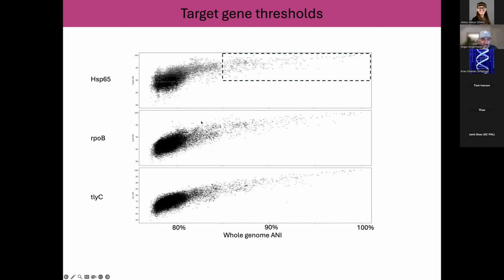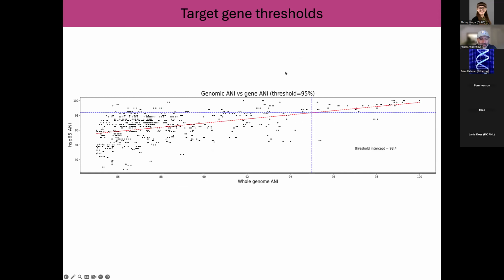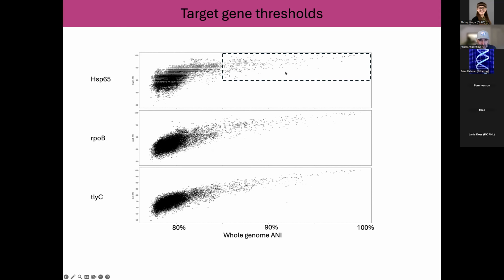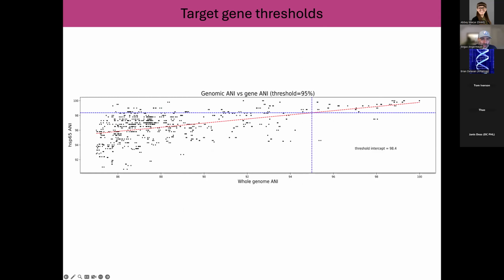So if we zoom in on this region, and this is some early work where I was looking at about 85% to 100% whole genome ANI cutoffs. So I'm zooming into just this region right here. I plotted a linear regression along the data in this area from 85 to 100% whole genome ANI similarities, and naively, I was thinking, well, maybe we can look at what the threshold could be at the intercept there.